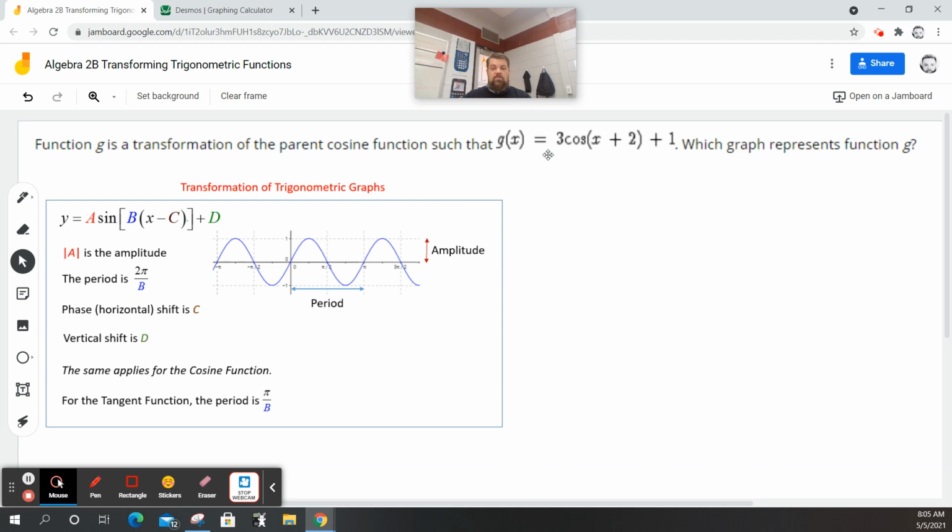So I'm going to transform from the regular cosine to g of x.